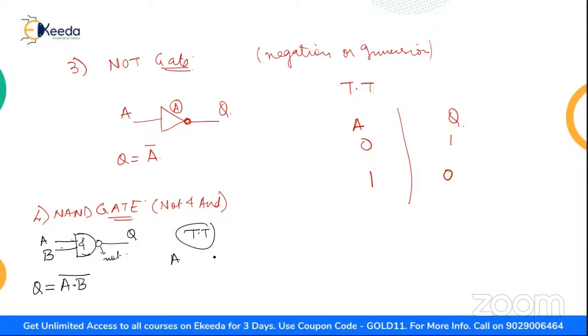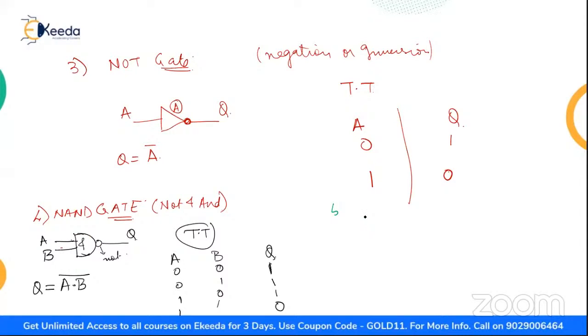Input and output: 0, 1, 0, 1, 0, 0, 1, 1. 0 into 0 is 0, 0 over bar is 1. 0 into 1 is 0, over bar is 1. 1 into 0 is 0, over bar is 1. 1 into 1 is 1, over bar is 0. So this is your truth table for the NAND gate.